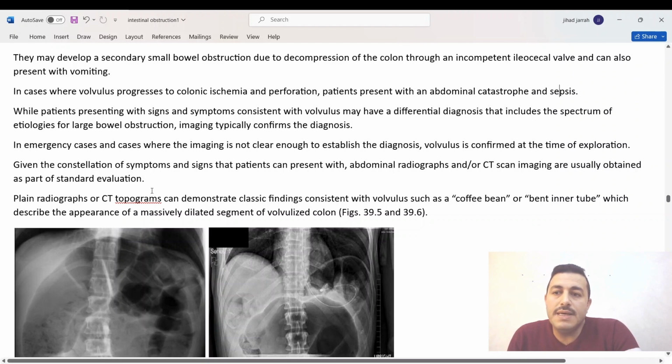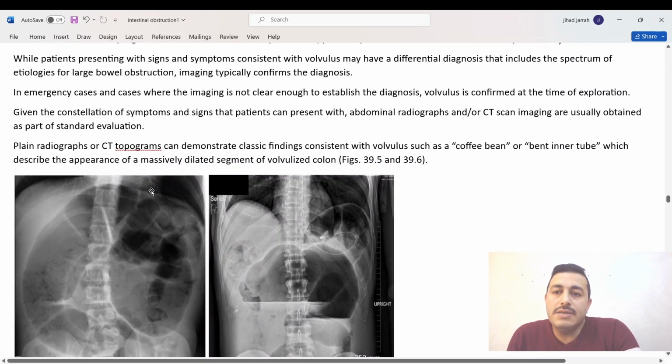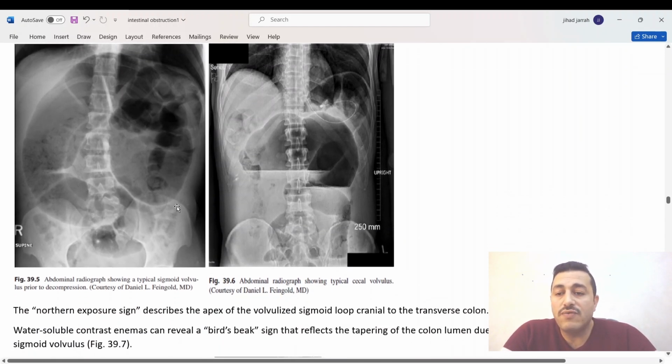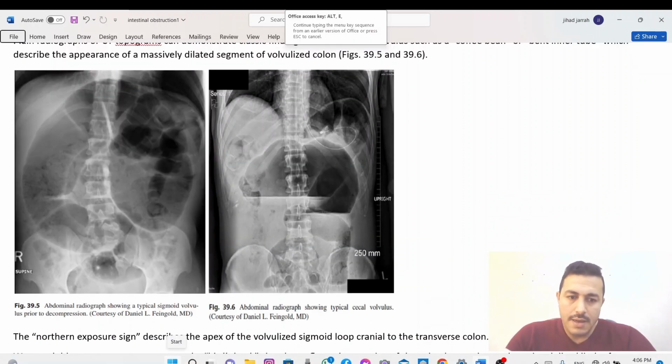In the past, the diagnosis was clinical plus X-rays. Now we depend more on the CT scan. Many cases are diagnosed intraoperatively at the time of exploration. These are the classic pictures of how volvulus can present on X-ray.